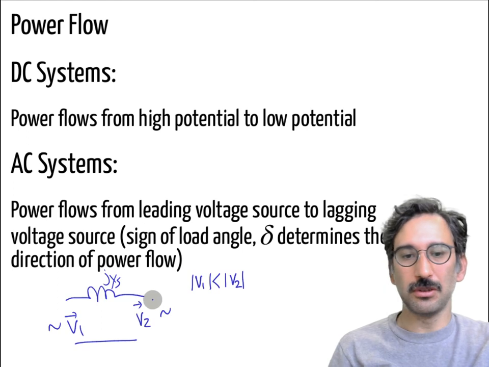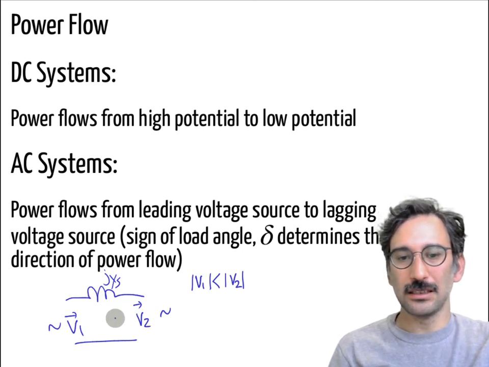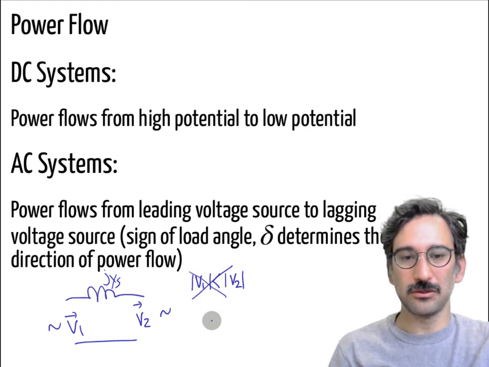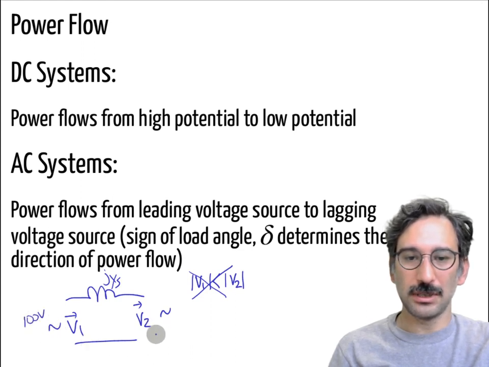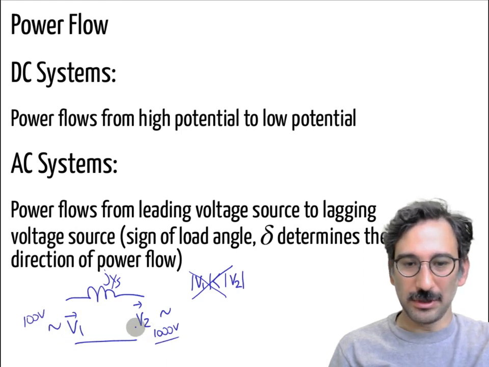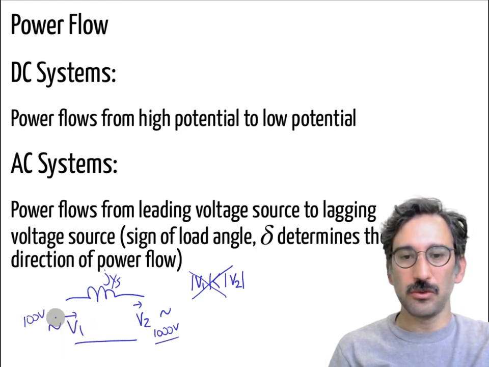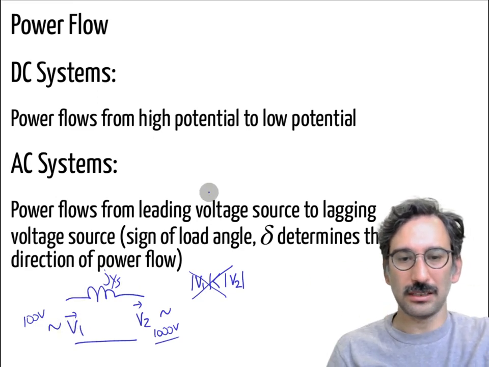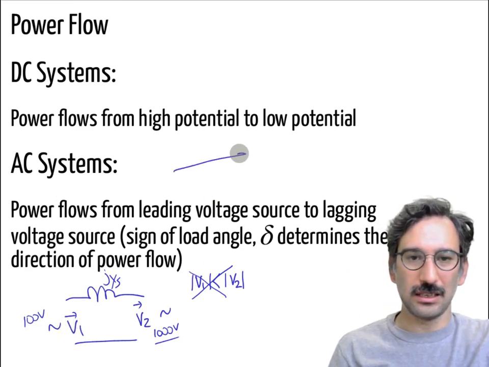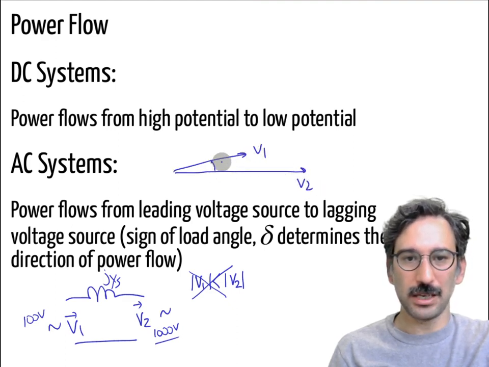Even if it is 100 volts RMS and this can be 1000 volts RMS, even in that condition, if V1 is leading, if you put those two vectors, V1 like that and V2 like that, it can be larger in magnitude.